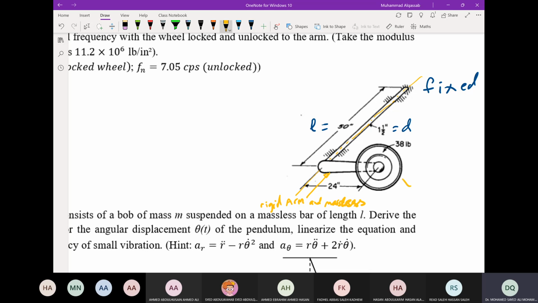Okay, this is the wheel of the automobile.